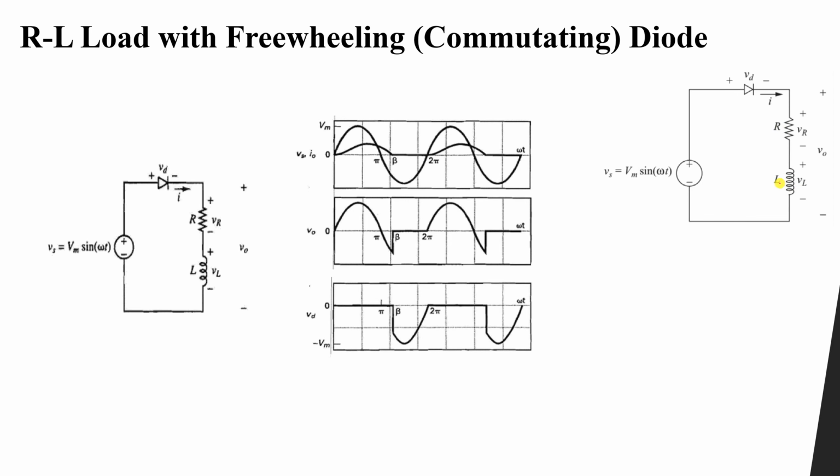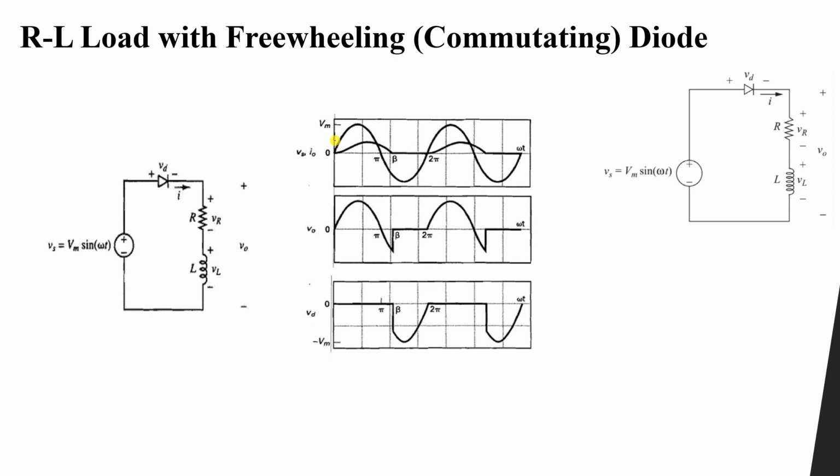The problem is that if you compare this circuit's output waveform with the first case, which is like this, we had a diode and a pure resistive load. We would like to compare between these two with respect to V output.